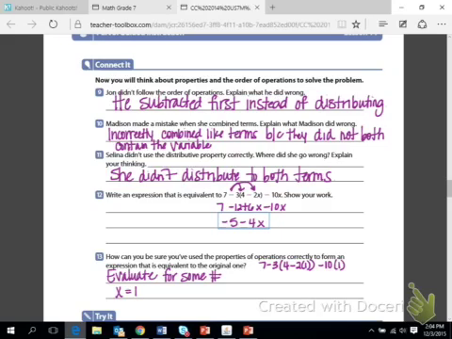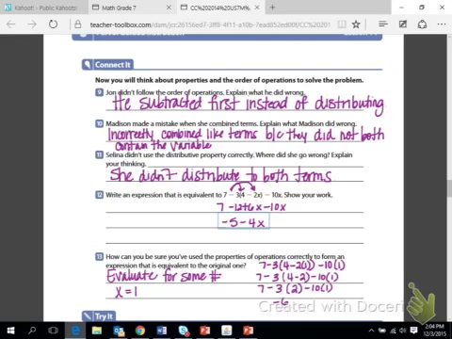First I'll do 4 minus 2 times 1, which leaves me with 4 minus 2. Bring everything else down. I'll now take care of my parentheses again, and 4 minus 2 is 2, bringing everything else down. I'll now take care of my multiplication in order from left to right. So negative 3 times 2 is negative 6.